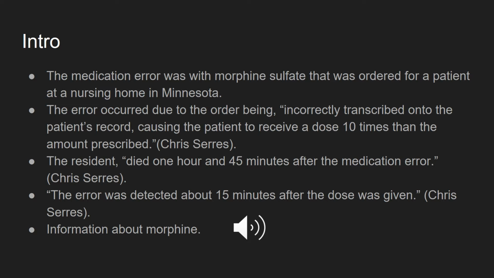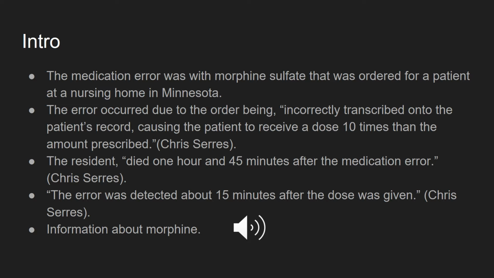So the patient had chronic kidney disease and he was suffering from that. And then the ordered morphine sulfate was supposed to be given in an oral syringe every hour. And the order was transcribed wrong onto the patient's chart, and the patient received 10 times the dose that he was ordered. It didn't have the dose in the article.